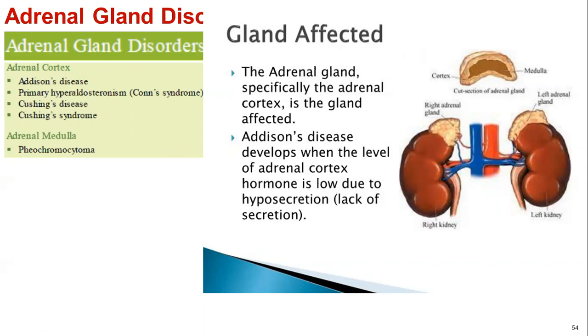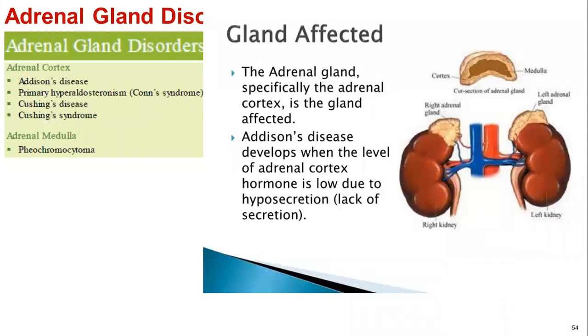If there is inadequate secretion of the hormones by the adrenal cortex, the outer layer, inadequate secretion of aldosterone, cortisol, or sex hormone, we say Addison disease.